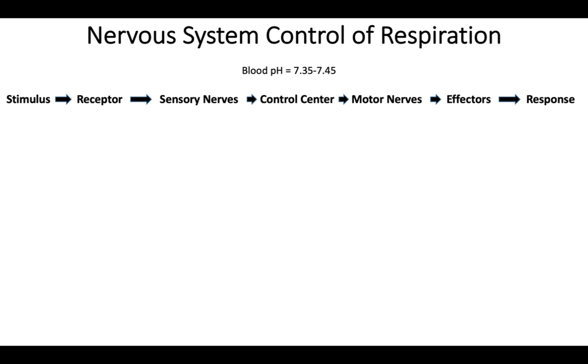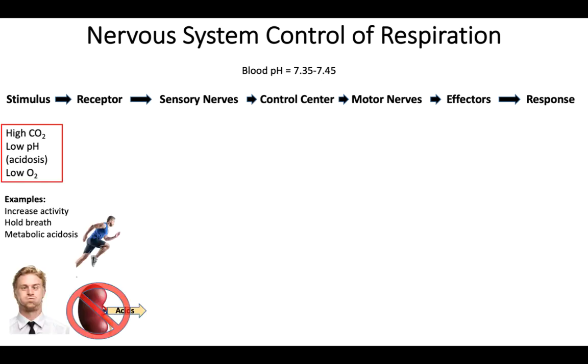All right. So let's look at an example stimulus. High carbon dioxide, low pH, meaning we're becoming more acidic, so we might start to develop what we call acidosis, and low oxygen. So that all is a stimulus. Now, what might cause that?